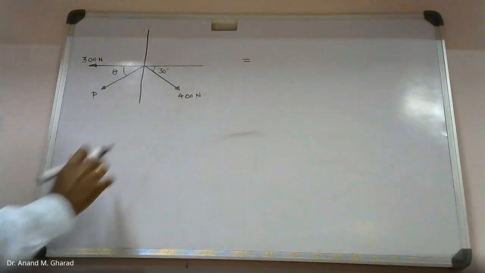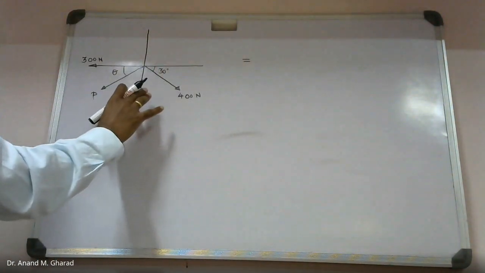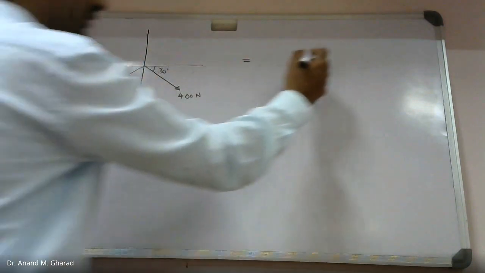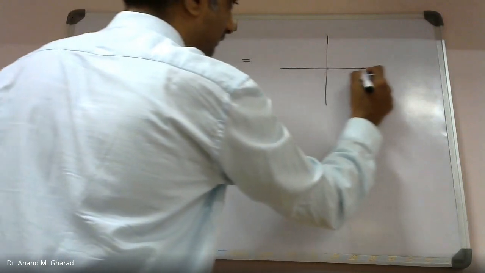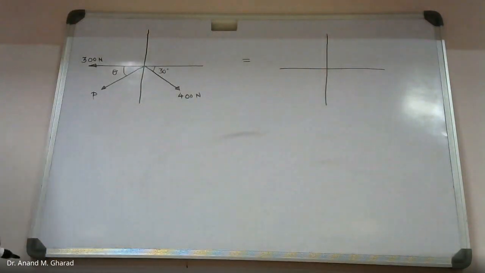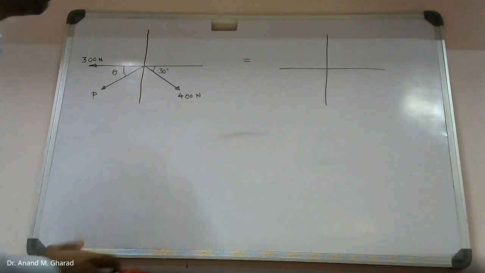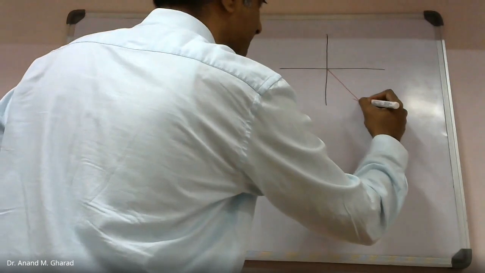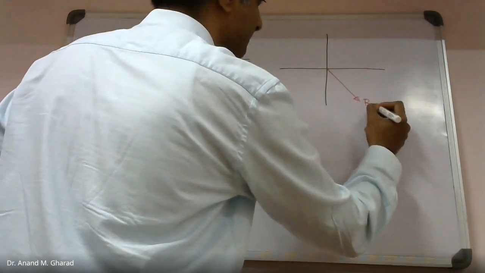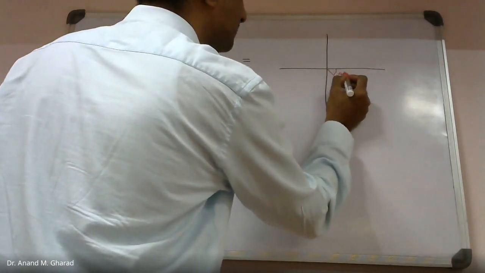This is equal to, since we are talking in terms of the resultant, the resultant is nothing but the net effect of all these forces. And how is it given? It is given like this.